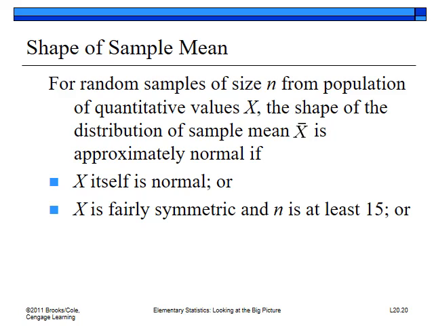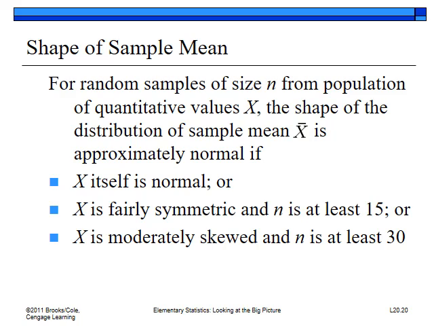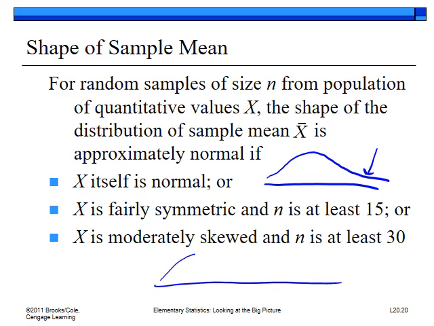Or if X is fairly symmetric and n is at least 15. Or if X is moderately skewed and n is at least 30. Fairly symmetric might be something like this, where there's a little bit of a tail on the right. Moderately skewed might look a little more like this, where there's a really heavy tail on the right.